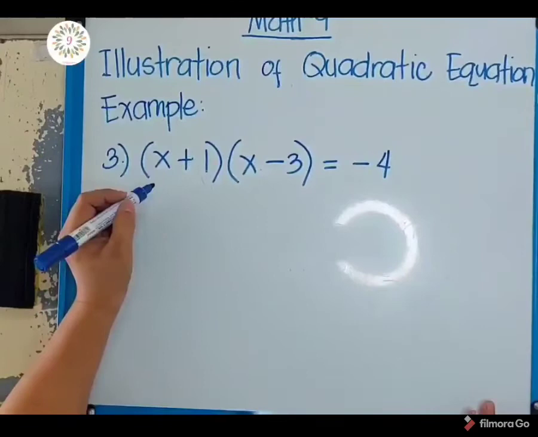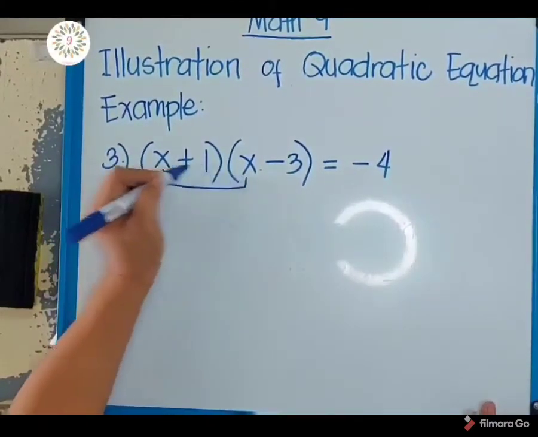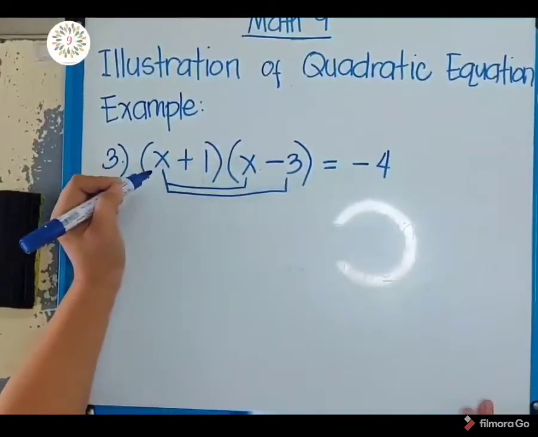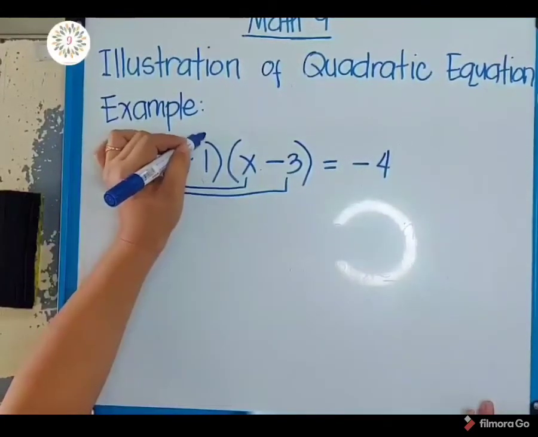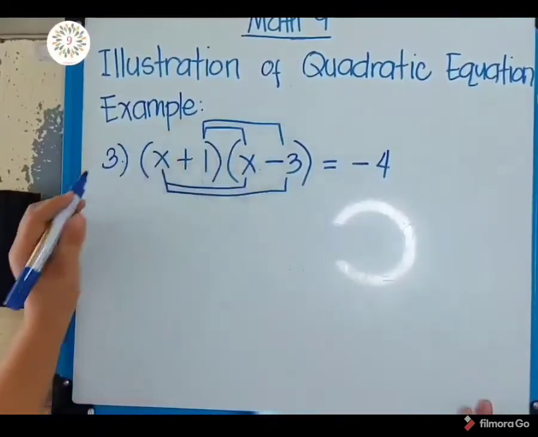Let us apply the FOIL method. So x times x, and then x times negative 3. Then 1 times x, and then 1 times negative 3.